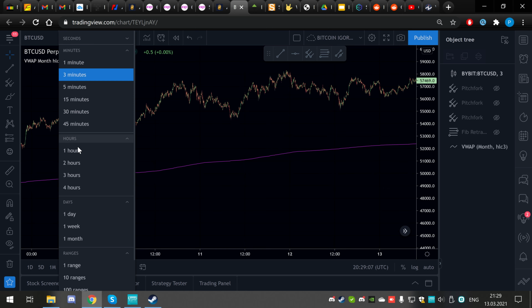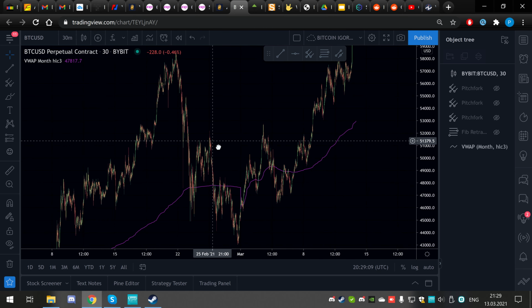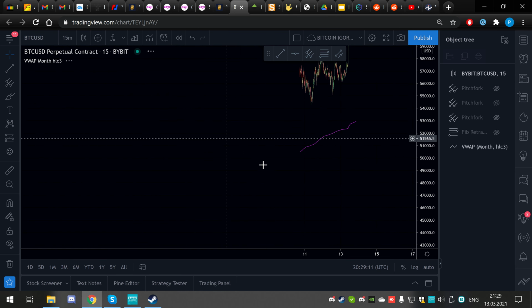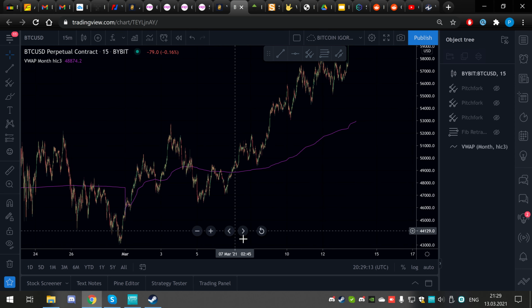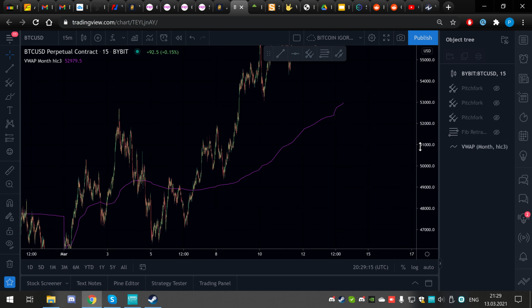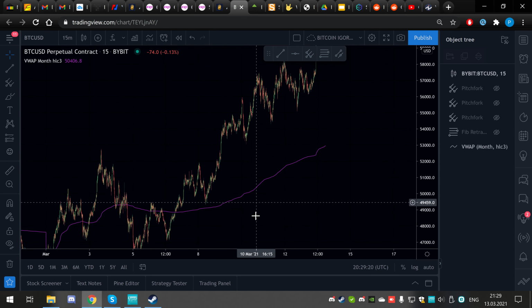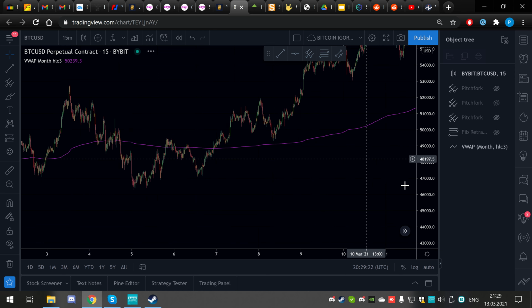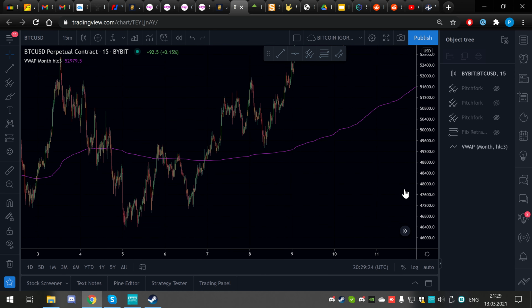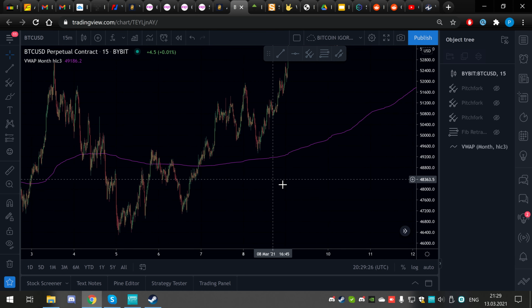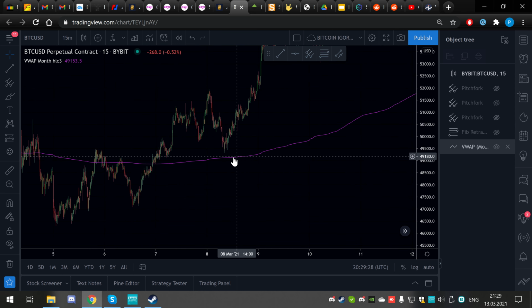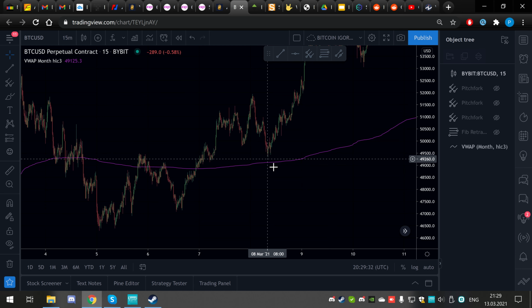Okay, let's do maybe 30 minutes. This is for higher time frame traders as well. Yeah, the trend is now so strong we are far away from it. We had entered, we were not close to it, but it was like $150, very close.